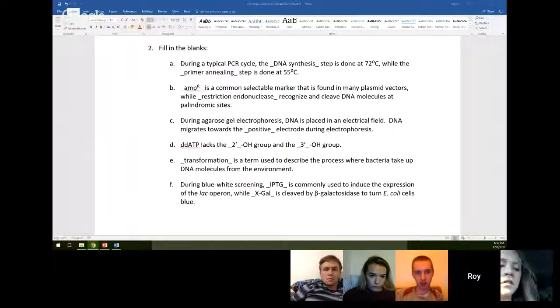C, during agarose gel electrophoresis, DNA is placed in an electrical field. DNA migrates toward the positive electrode during electrophoresis. D, ddATP lacks the 2' OH group and a 3' OH group.